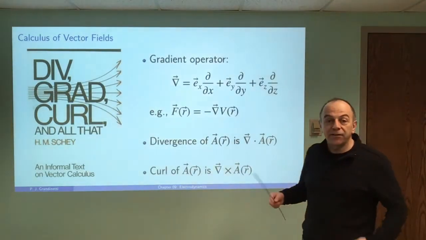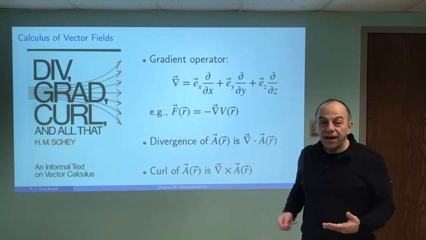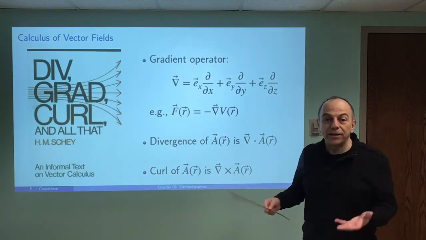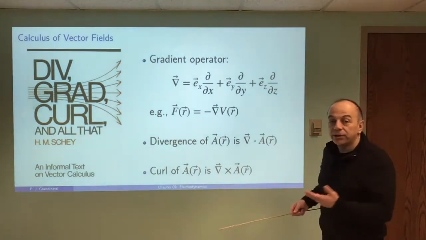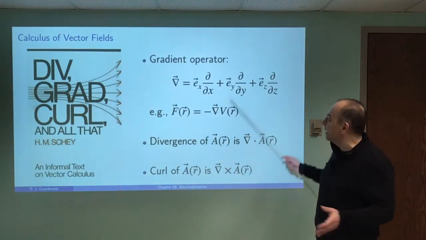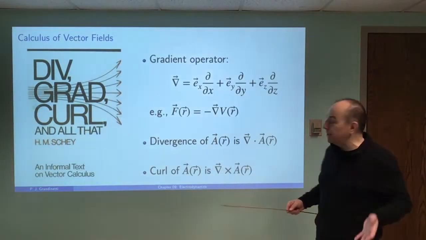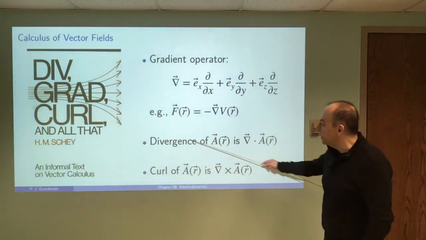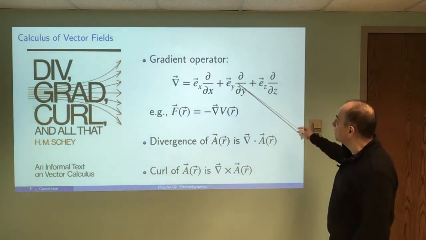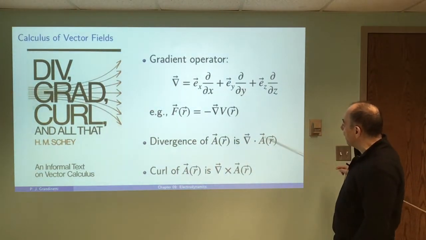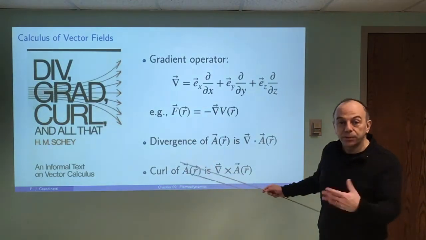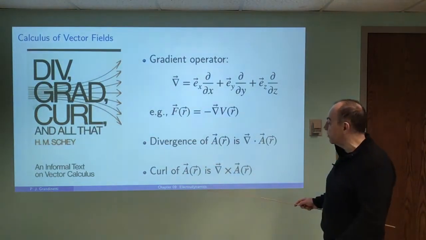But we can also imagine if we were applying this to not just a scalar field, but let's say a vector field, how would we do that operation? Well, when we're talking about vectors, there's two ways we can do it. We can do it as a dot product, and this is called the divergence of the vector field. So if you apply the gradient operator to a vector field as a dot product, you get a quantity which is called the divergence, which we'll learn is a scalar field quantity as the result.